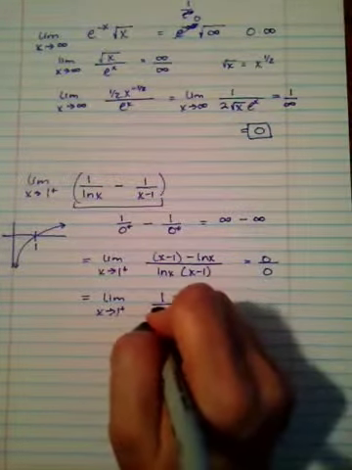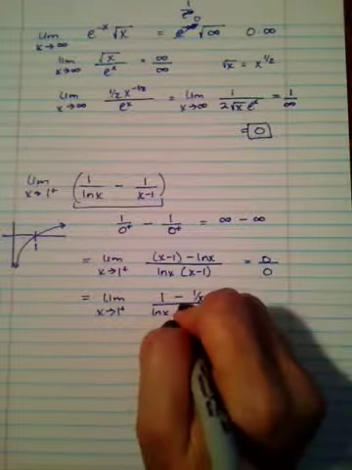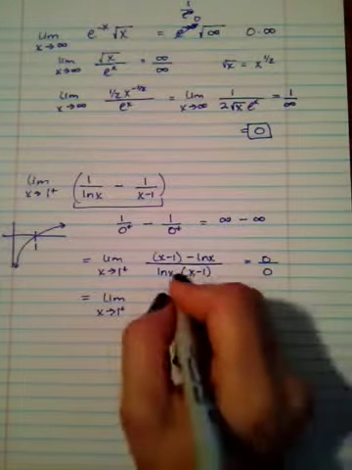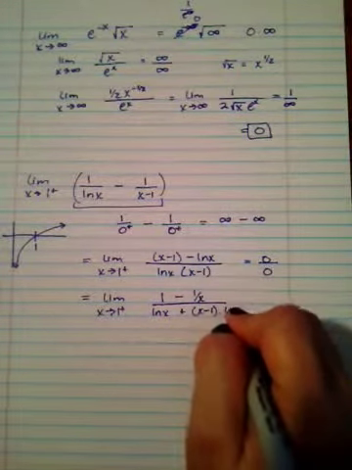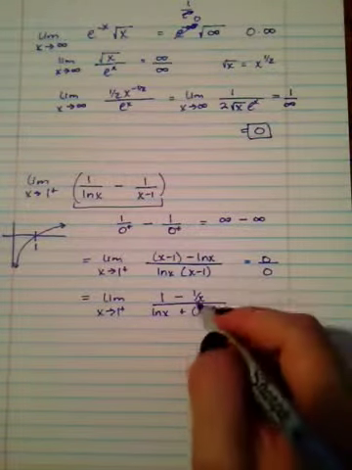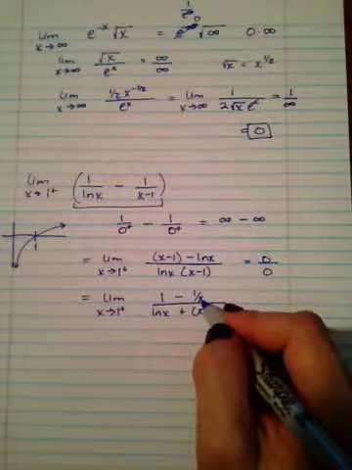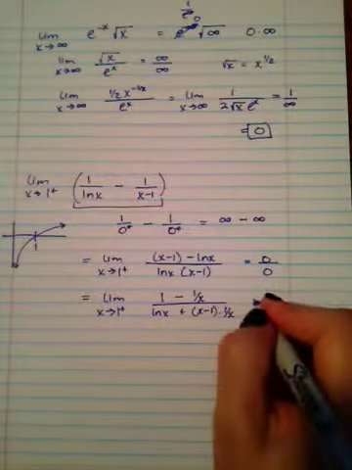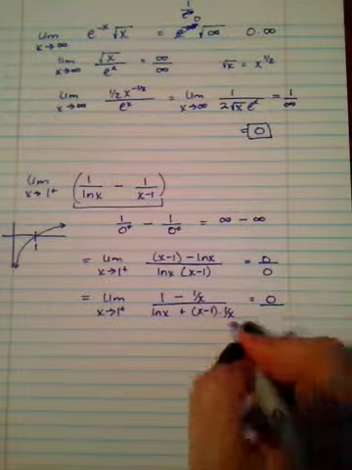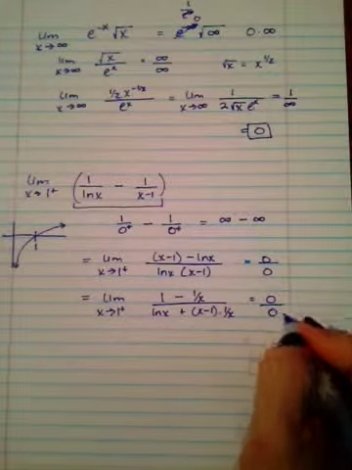So it's the first function times the derivative of the second, which is 1, plus the second function times the derivative of the first, a 1 over x. So if I plugged in right now, I have 1 over 1, which is 1. 1 minus 1 is 0, so I have a 0. The natural log of 1 is 0. Then 1 minus 1 is 0 times 1, so I still have 0 over 0.